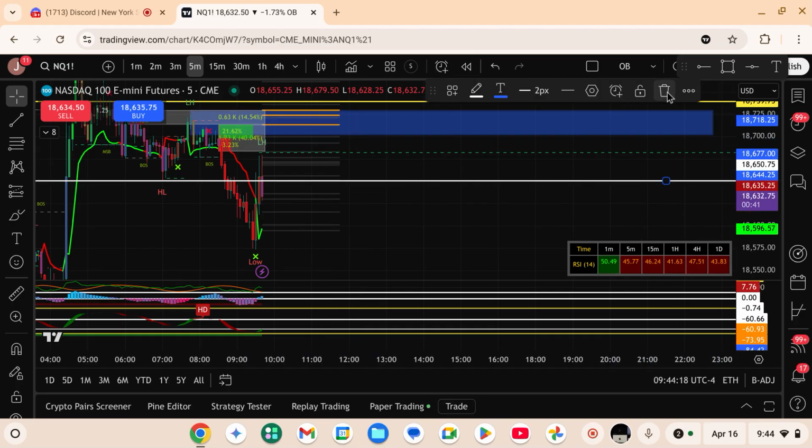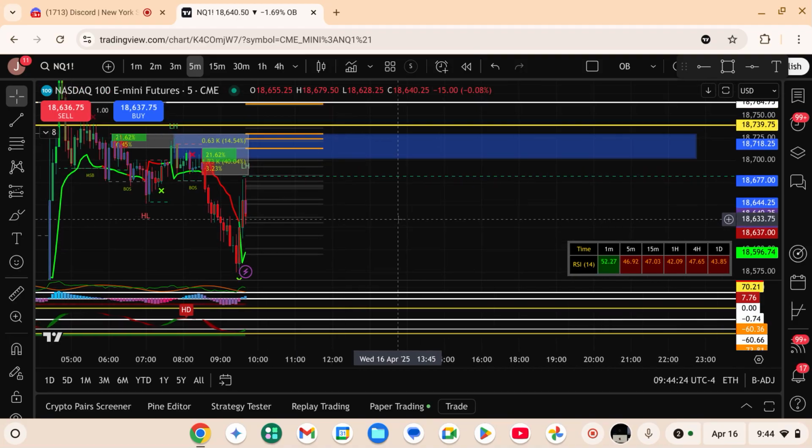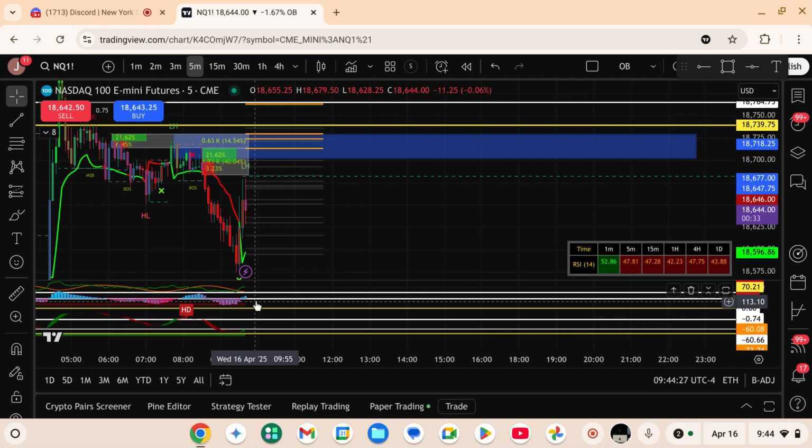Let me get rid of this here. What's NQ doing? Bro, chopping around. Are we serious? Are we fucking serious right now? At this point, I'm just waiting for this to get swept, and then we'll look to take shorts.